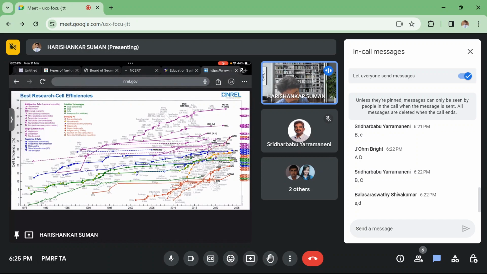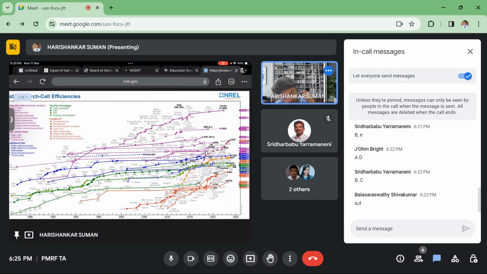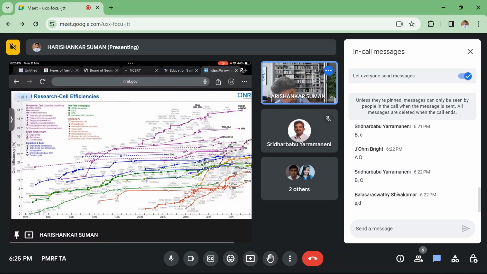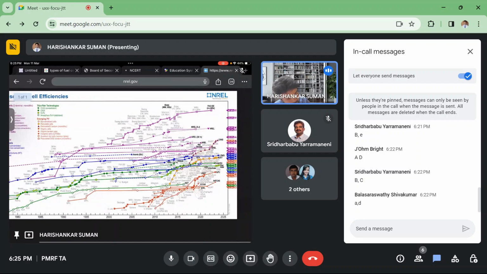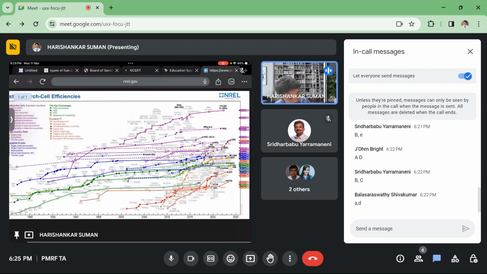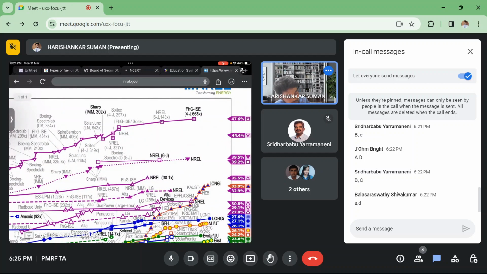Are you able to see now clearly? Yes, sir. So two terminal, four terminal also. Here is the four terminal, highest 47.6. All multi junction solar cells.